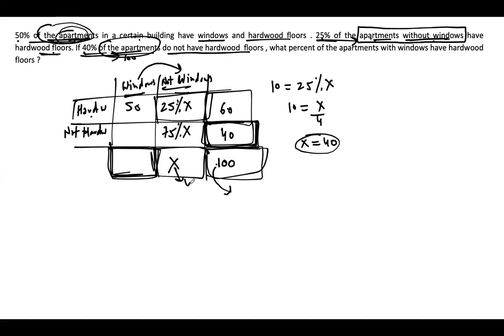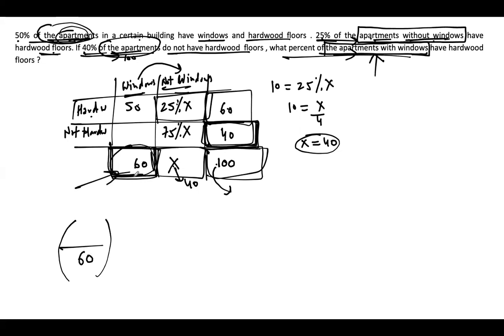Once you know X is 40, what will be this value? 60. This plus this is 100. Now please look at what the question is asking: what percent of the apartments with windows have hardwood floors? Please stop and interpret. Apartments with windows total 60, so it will come in the denominator.